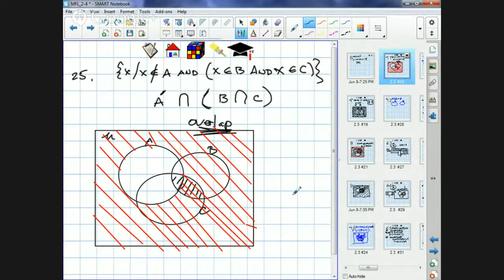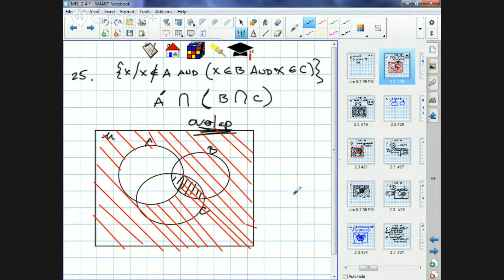And X is an element of C, so I draw my lines through C only. So again, the cross-hatching is like three-quarters of B and three-quarters of C, if I got that correct. Well, here. That's the overlap, huh?